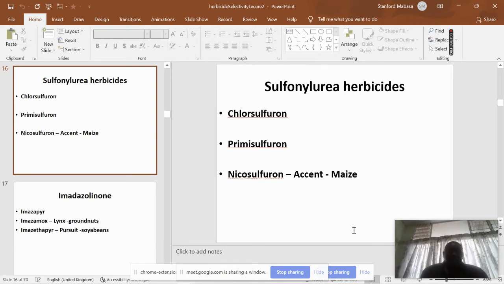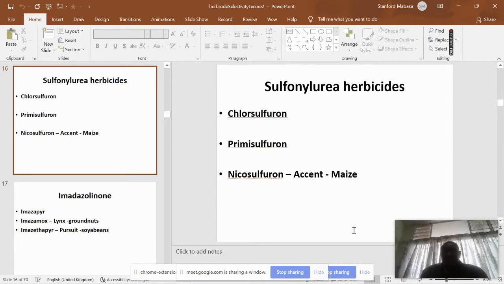Here we've got examples of sulfonylurea herbicides. We have got chlorsulfuron, primisulfuron. These are used in very small quantities. Probably you may know nicosulfuron because it kills shamva grass. In maize, it is known as accent.